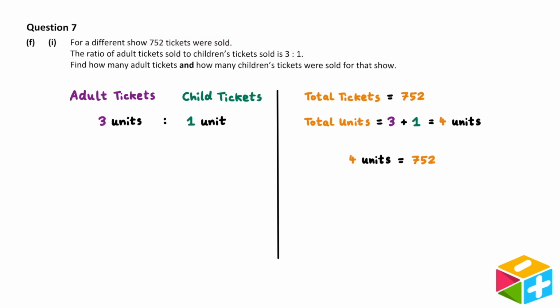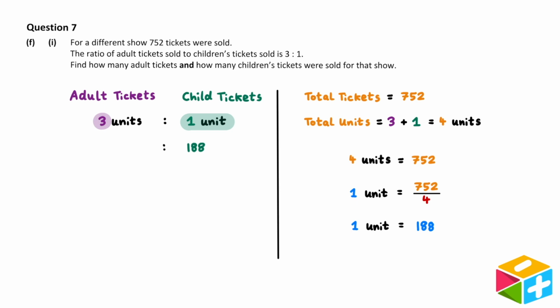To find what 1 unit is, we can divide both sides by 4. Performing the calculation here tells us that 1 unit is equal to 188. This immediately tells us that the 1 unit we had for the child tickets is equal to 188.